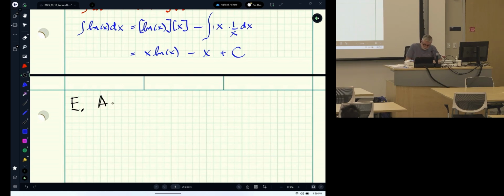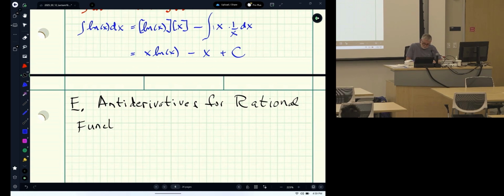So the next topic is antiderivatives for rational functions. And we're just going to do it with real roots.